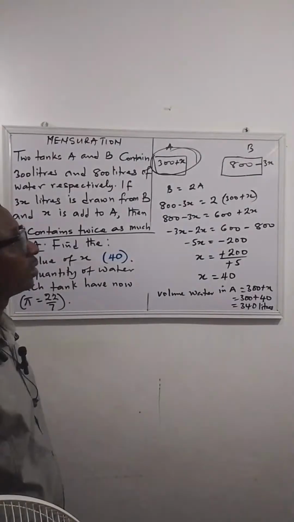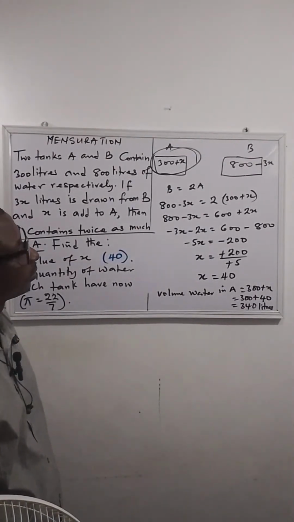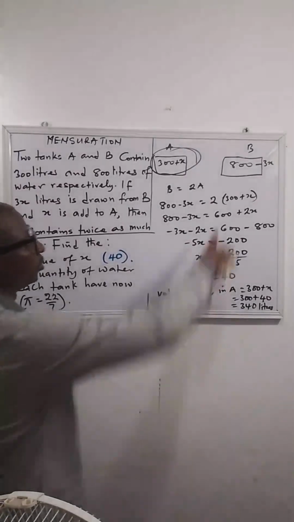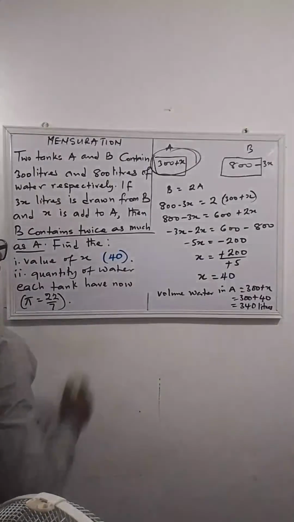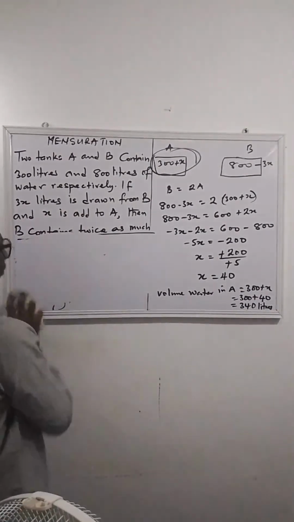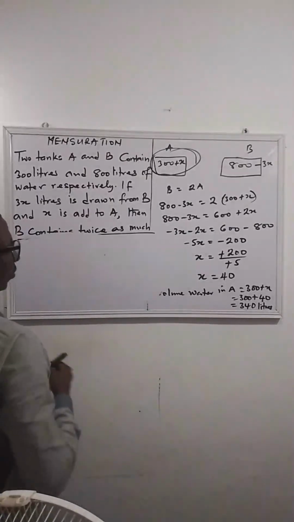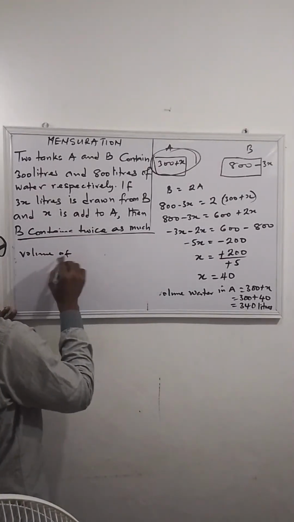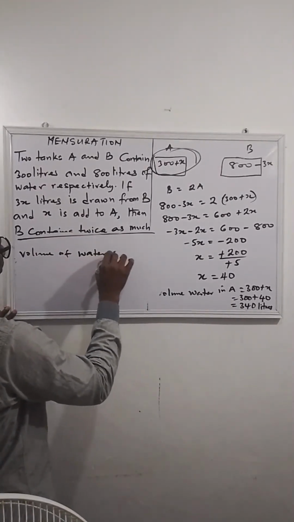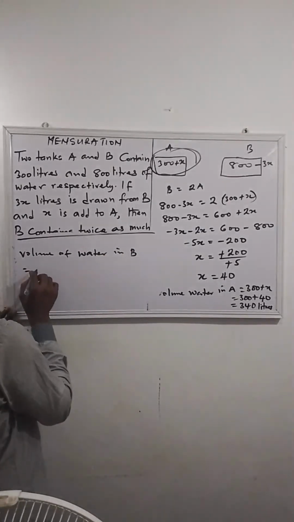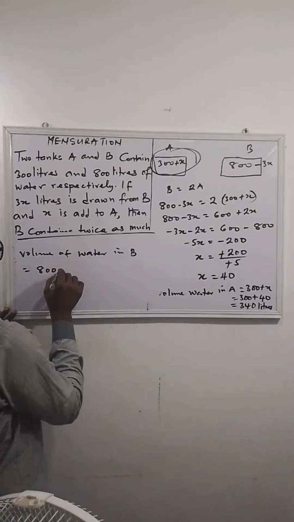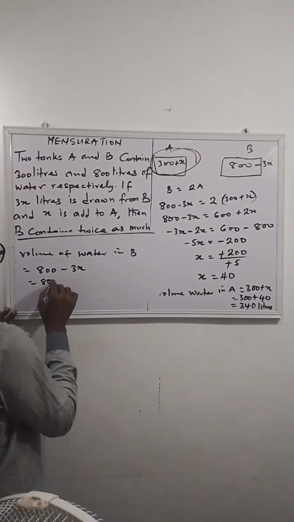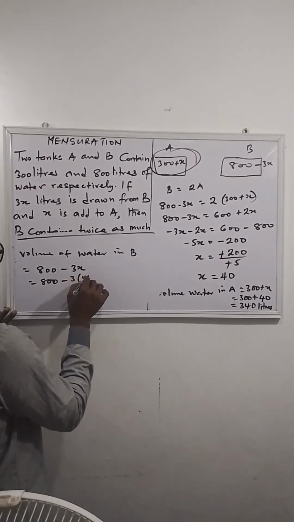So let us look at tank B. What is the volume of water that we have in tank B? All right, so just plug in the value of x into B here and let's see what we have. So the volume of water in B now equals 800 minus 3x, and that's 800 minus 3 times 40.